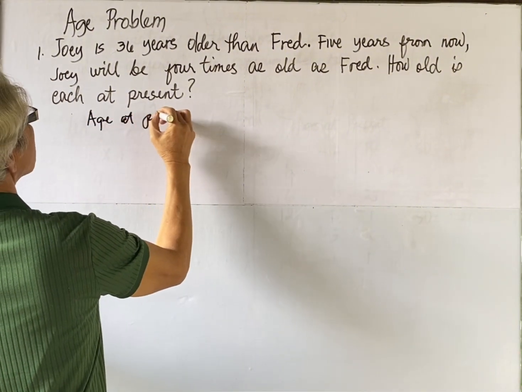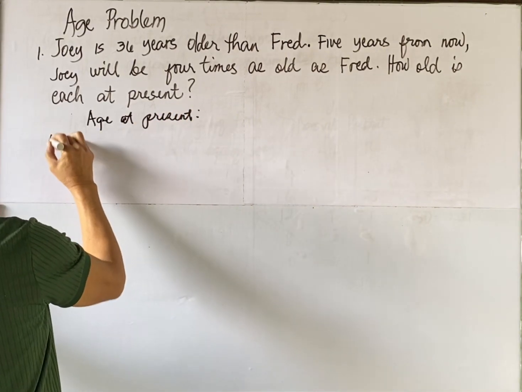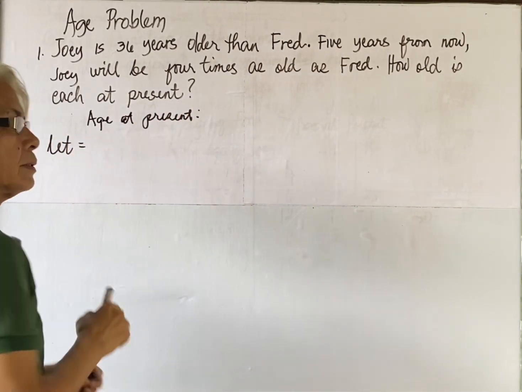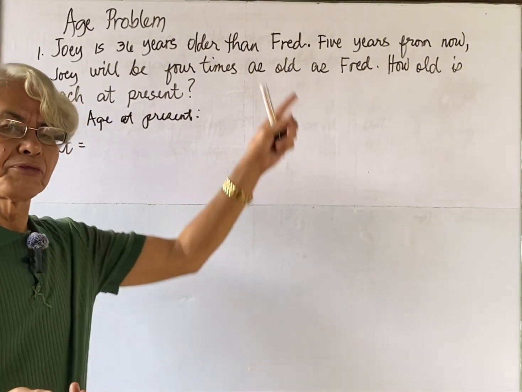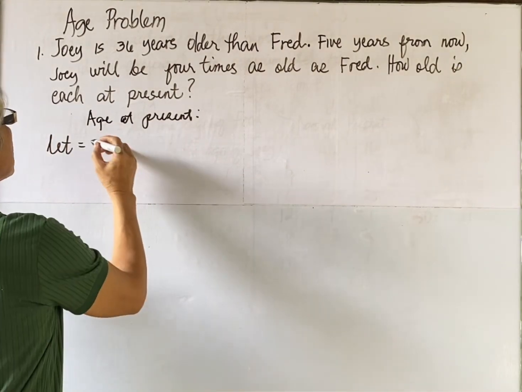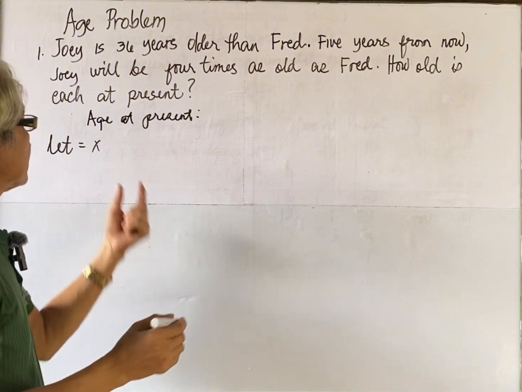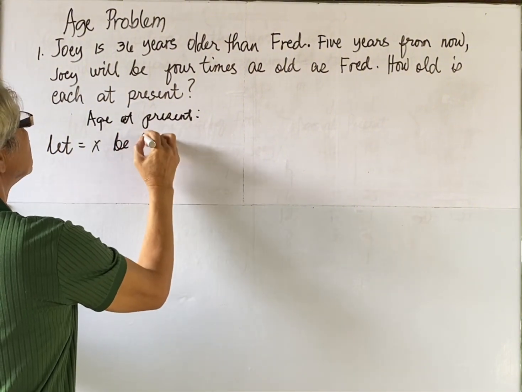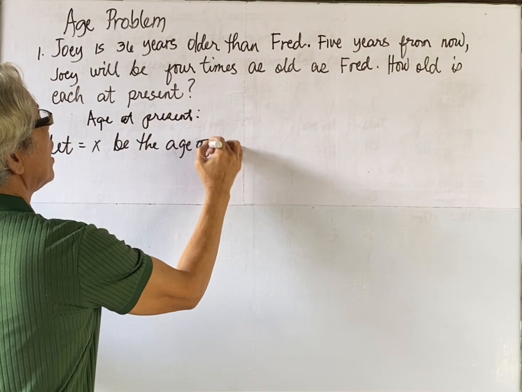Because we don't know yet the age of Fred, let us use letter X as his age. So let X be the age of Fred.